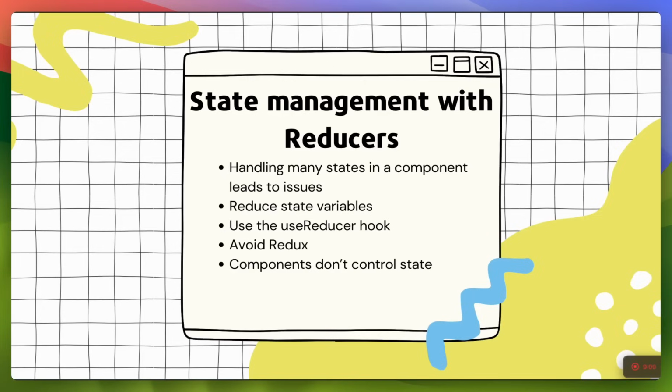In this way, the component doesn't directly control state. The state becomes read-only, and whenever a component needs to update the state, it would need to dispatch an action. So to better understand this design pattern, let's take a look at a demo.